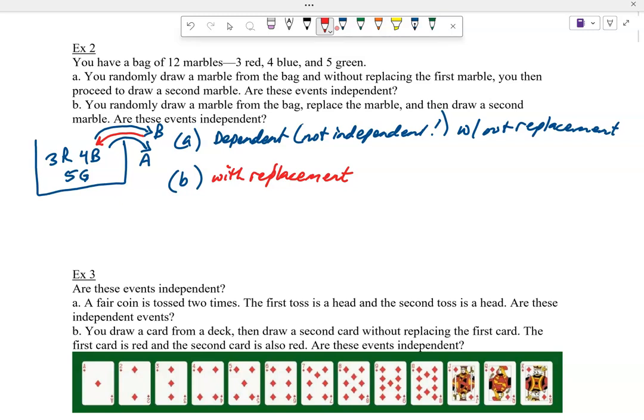Well, if I put it back in, it's just like when I started. So event A did not impact event B, because when I go to pull the second time, I still have all 12 marbles in there. So this is with replacement. So these are independent events. Okay.